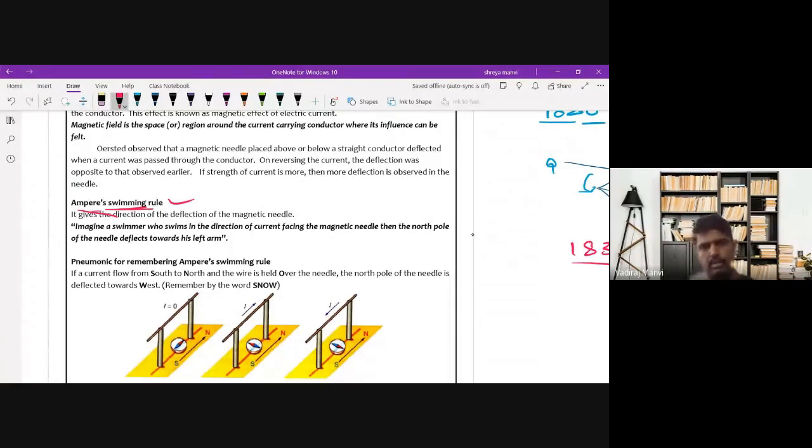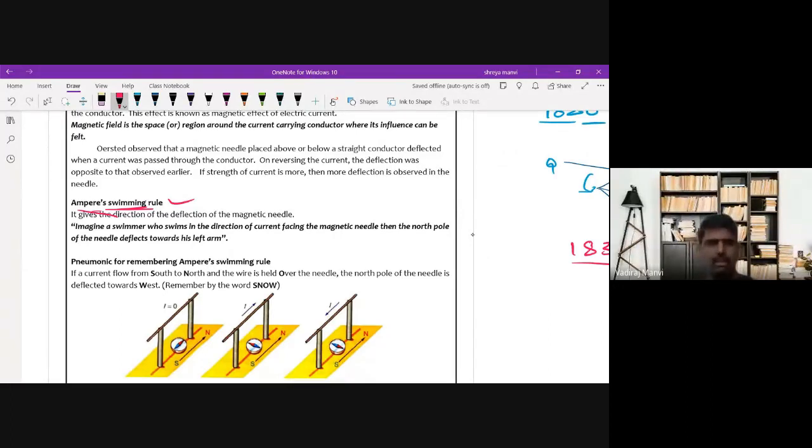See, there are different ways by which I can find out the direction of magnetic field created by a conductor carrying current. Fine. One method is this. Try to remember, they may ask for 1 mark, but I will tell you which method is easy for you, which you can remember.